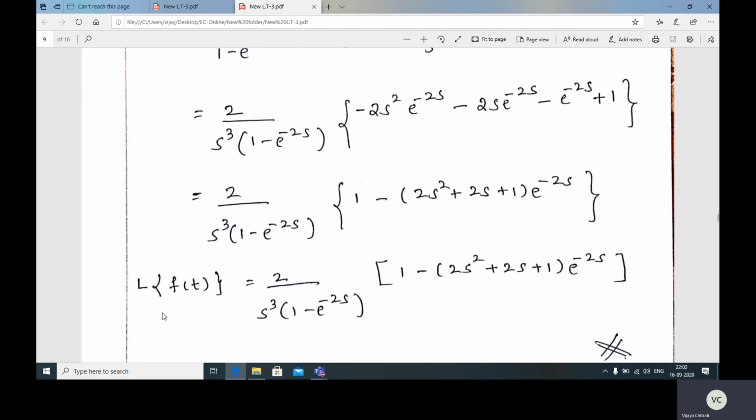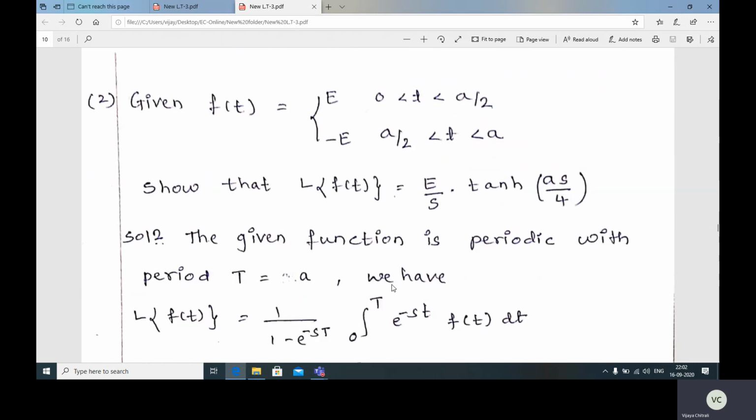So Laplace transform of f of t is equal to 2 divided by s cube into 1 upon 1 minus e raised to minus 2s into bracket 1 minus 2s square plus 2s plus 1 into e raised to minus 2s. So this will be the required solution.